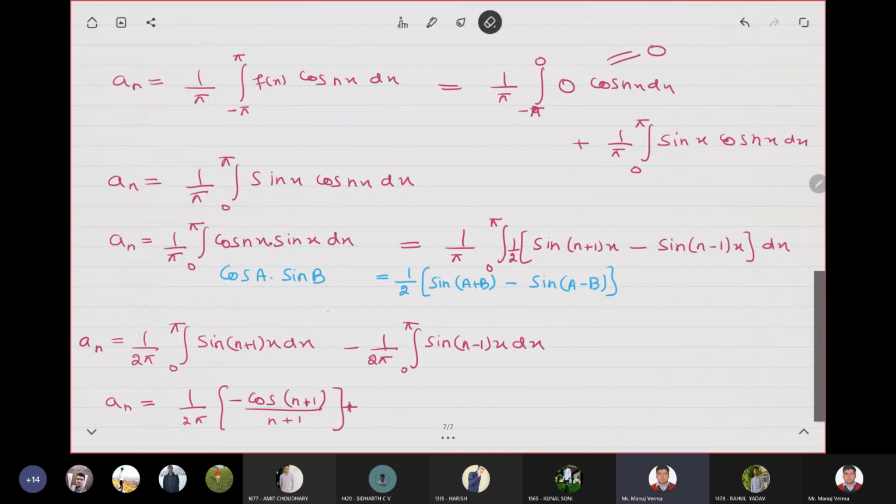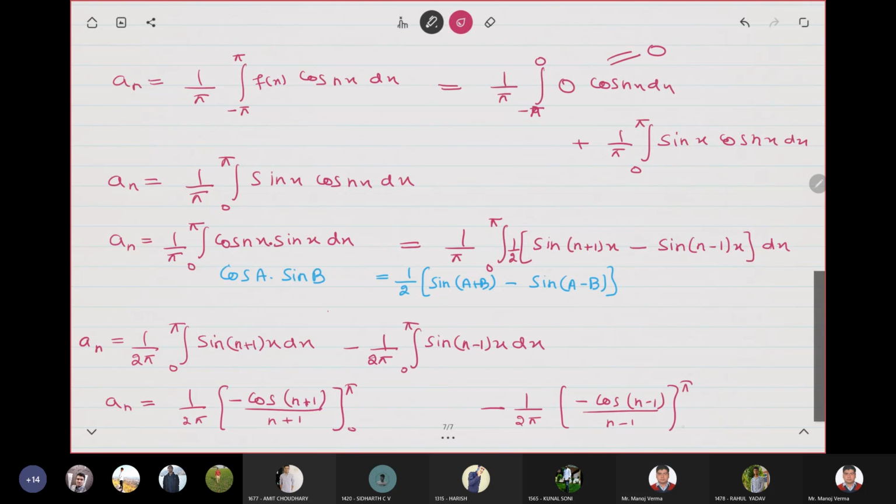For second expression, minus 1 over 2 pi. For second integral, it will be minus cos (n minus 1) divided by n minus 1 in the limits pi to 0. Okay.